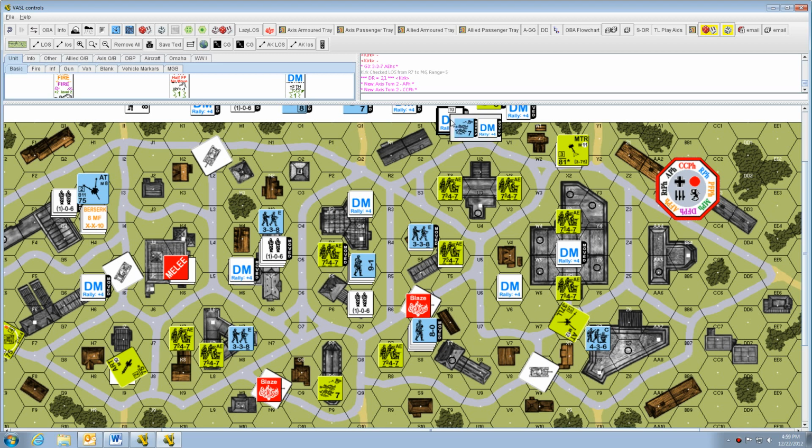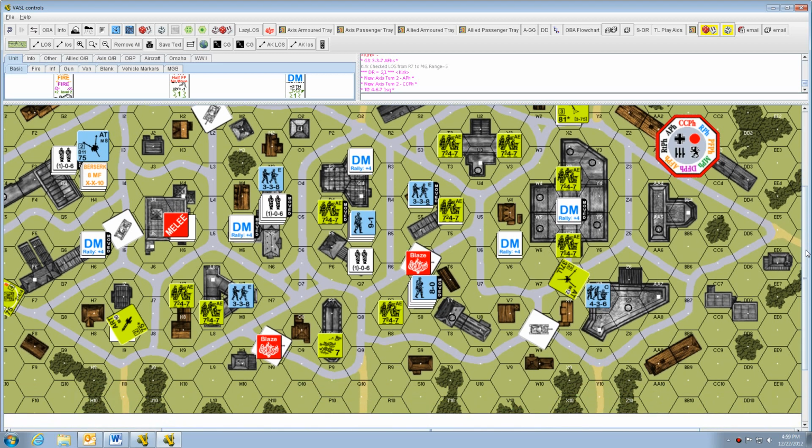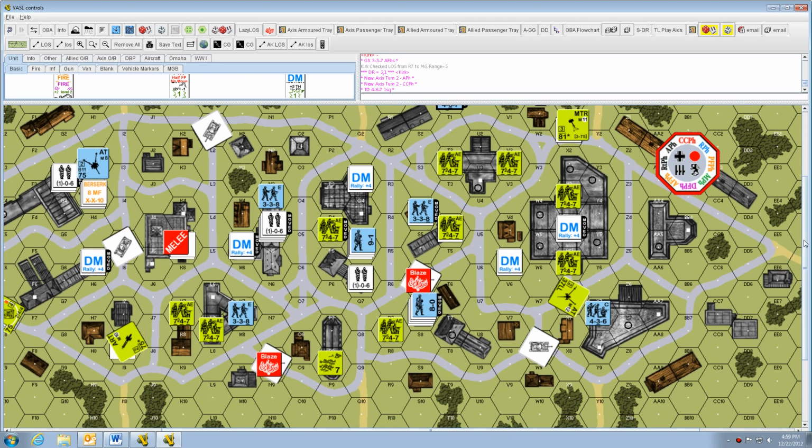Next time German player's turn, maybe it rallies. All of a sudden, if it rallies, it comes back as a 4, 6, 7 unit that can start shooting and capturing objectives and blocking route paths and all sorts of great things that the German players' units can do.